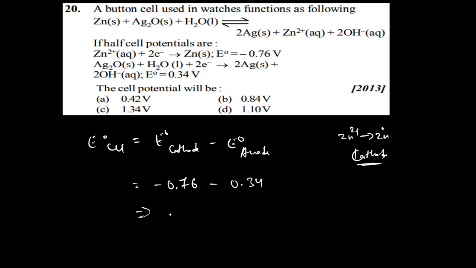So which gives minus 1.10 volt. And if you multiply with the negative charge, you will get plus 1.10 volt. That is option D.